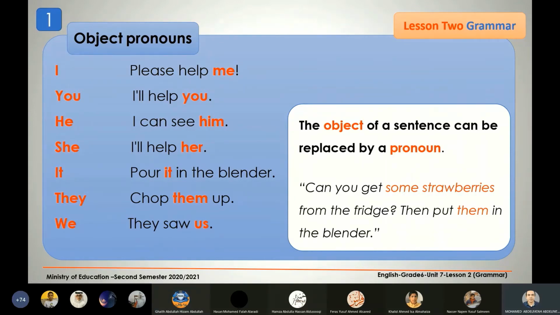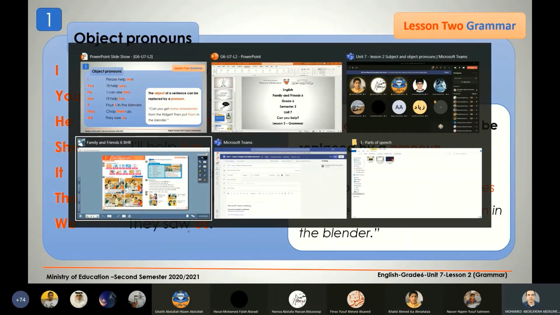Listen to me while I am reading all the subject and the object pronouns. I, me, you, still you, he, him, she, her, it, they, them, we, us.